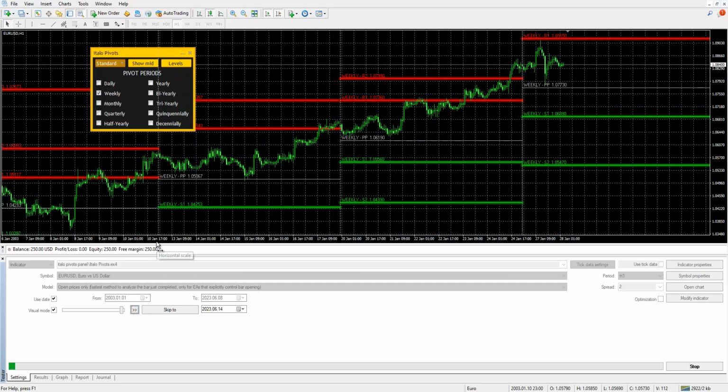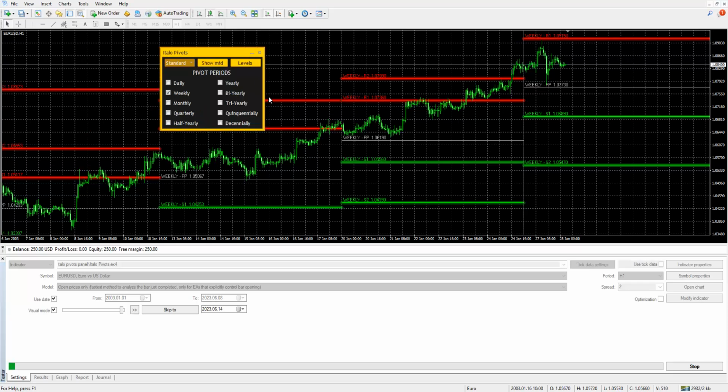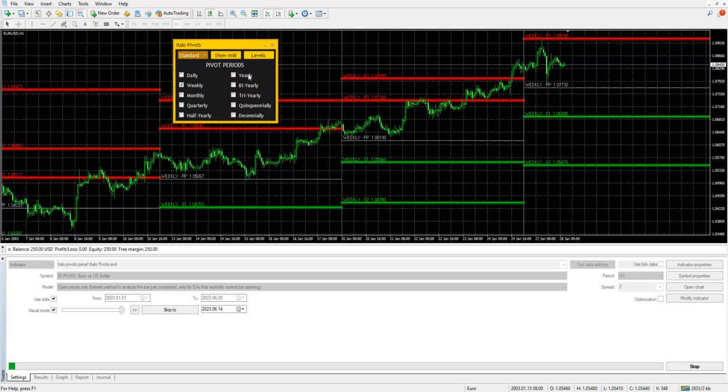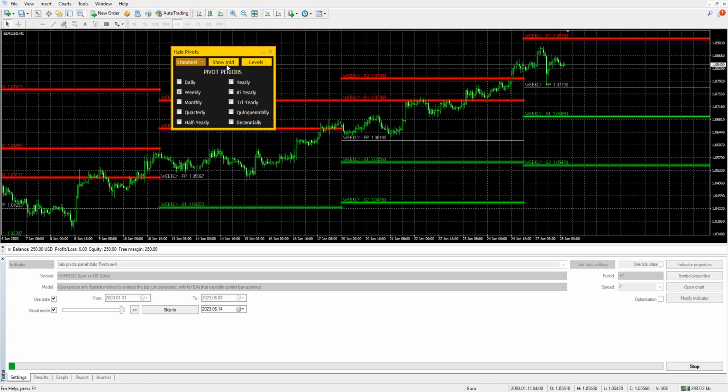This backtest on Strategy Tester you'll be able to do only on MT4, on MetaTrader 4. On MetaTrader 5, you'll not be able to backtest like this. Why? Because inside the MetaTrader 5 code, they don't let me have a panel and backtest at the same time.